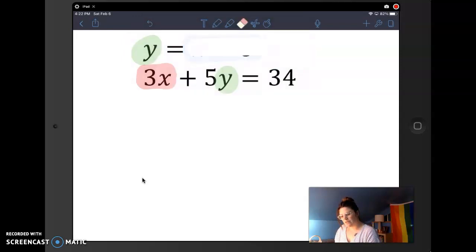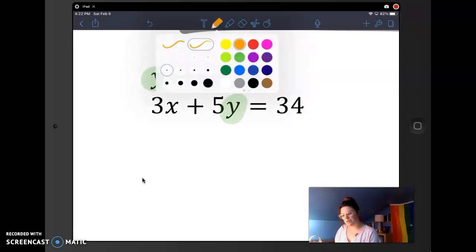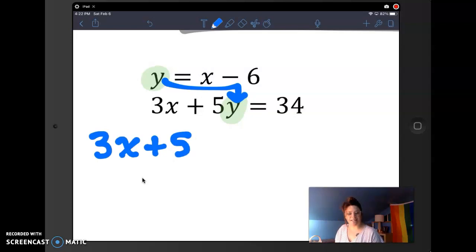I'm going to erase all this and show you the strategy that I use. Find the variable that's alone on one side of the equal sign. That's this y. Find that same variable in the other equation. That's that y. Now we're going to replace this y with the other y. So start rewriting the second equation. Stop when you get to your highlighted number or letter.